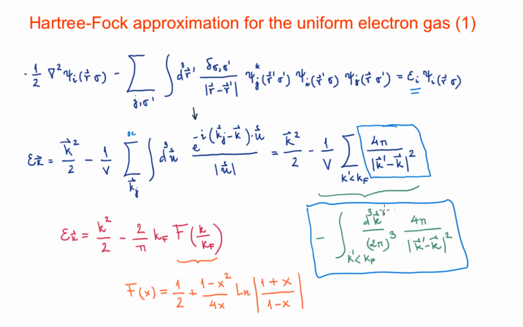Doing that integration, which is quite thick, you can see that after the integration we get this contribution here, where this F function is this function here. This way we get an expression for the eigenvalues in this Hartree-Fock equation.